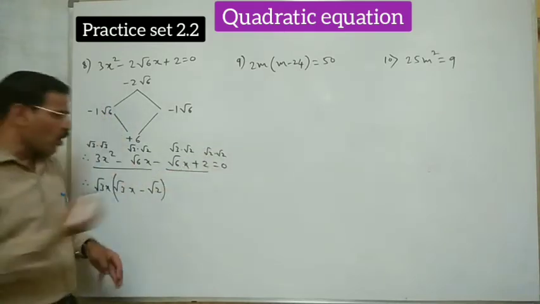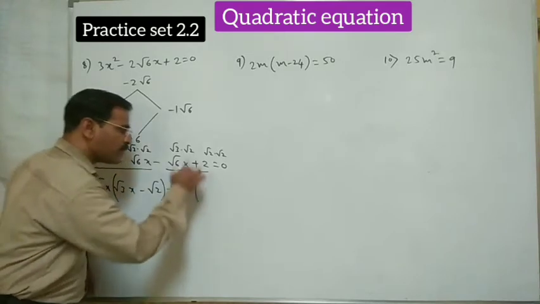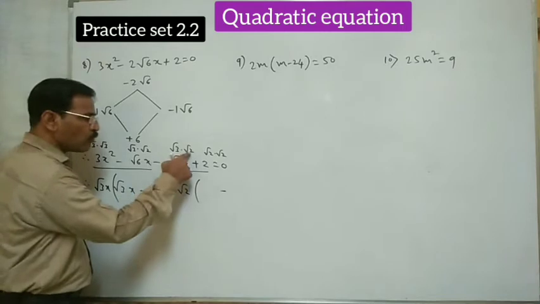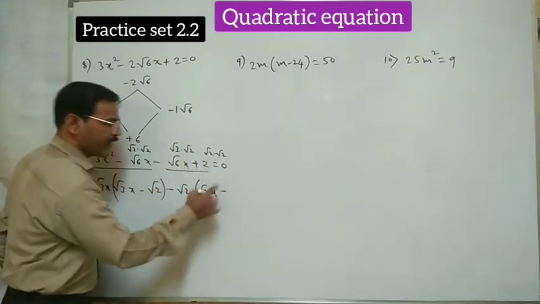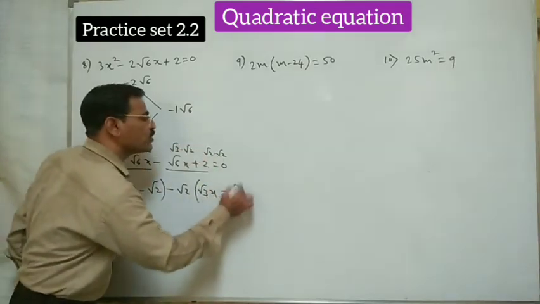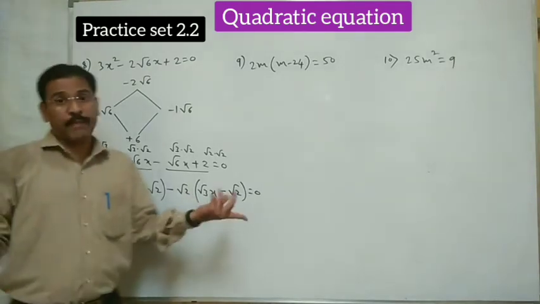So I will take √2 common, but because of the minus, I will take √2 and change the signs. Now here, √2 common. What remains here? √3 and the x is there. And here 1√2 will be taken common, then one more √2 still remains. Finish.